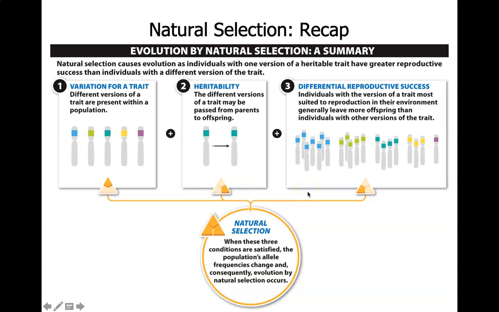The third one is the one that I think is most important for natural selection, and that is differential reproductive success. So individuals that are better suited for their environment are going to leave more offspring than other versions of the trait. So this here is showing that the blue individuals are going to leave the most offspring, the green colors are going to leave a little bit less, the yellow even less, and the purple even less.